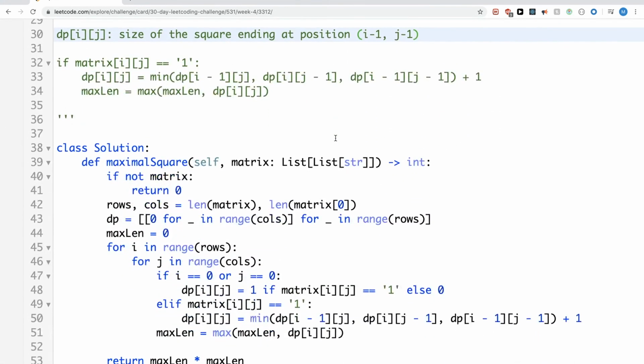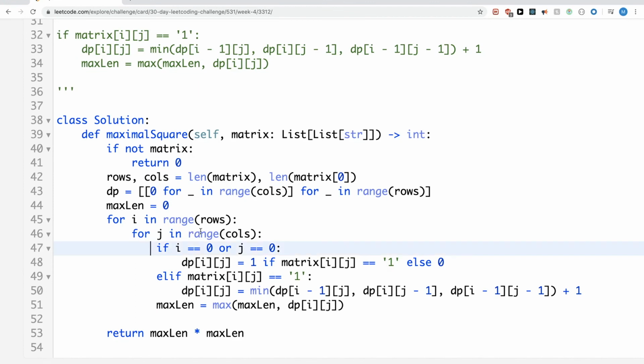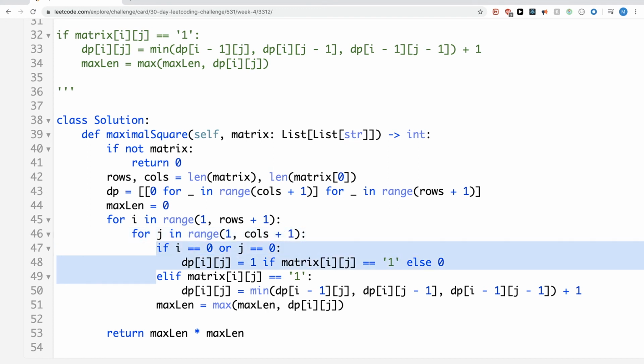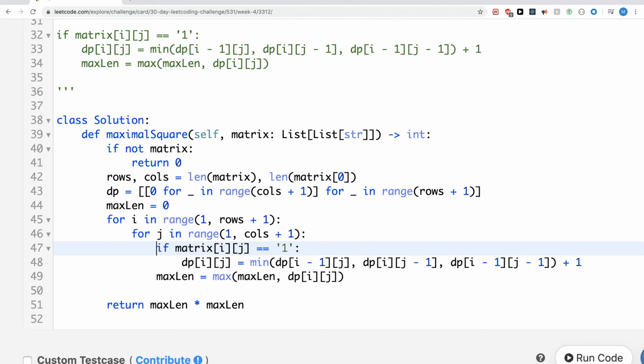What that would mean is I could make the loops go until rows plus 1 and columns plus 1, and start at 1, just to avoid having to deal with 0. And that way we could just have this, and that's pretty much it, right?